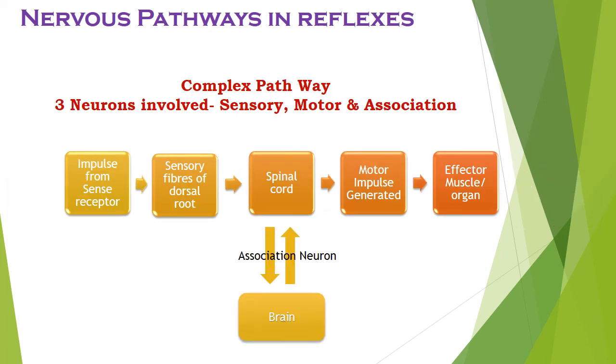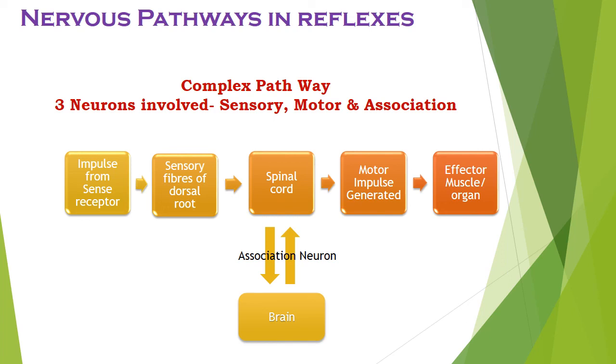The complex pathway includes three neurons, that is sensory neuron, motor neuron and association neuron. Now please remember, this association neuron is a little bit different from the association neuron present in the spinal cord. This association neuron is present between the spinal cord and the brain. The first row, what you can see on your screen, is similar to that of the simple pathway.